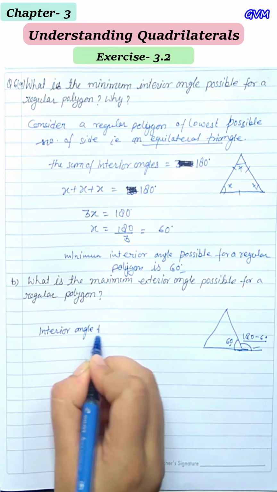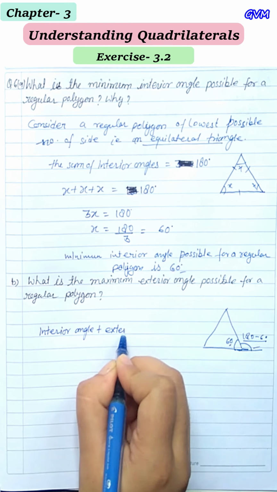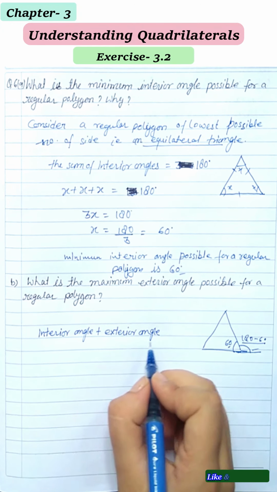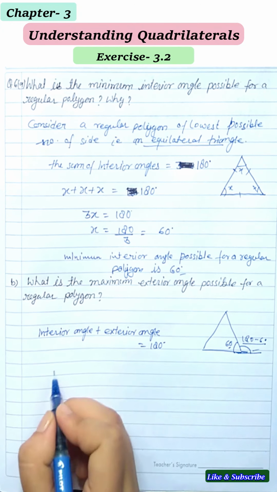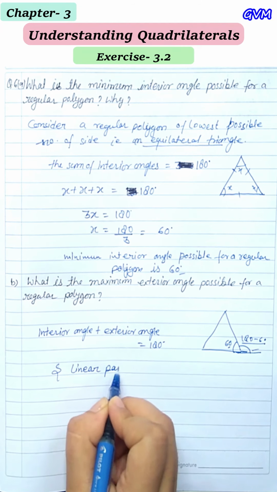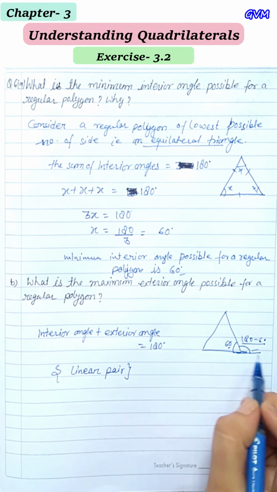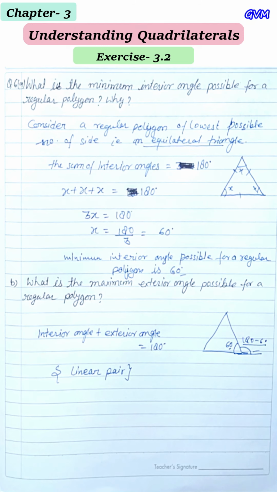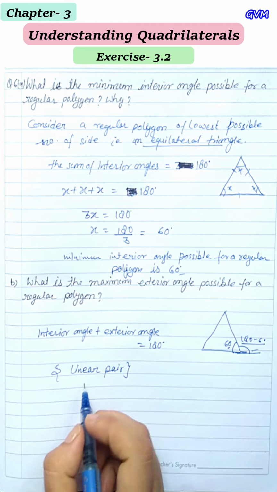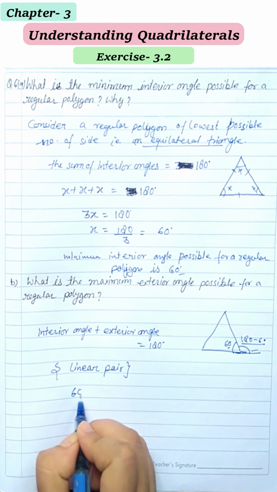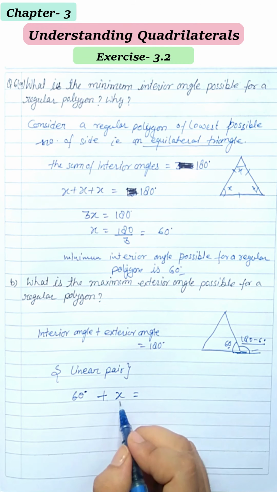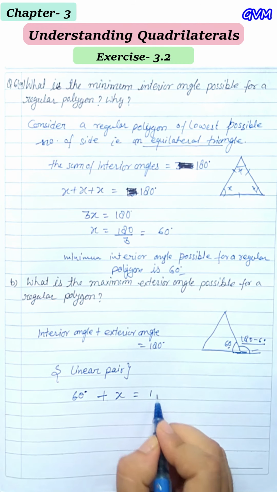Interior angle plus exterior angle is equal to 180 degrees. How? By linear pair. Because these two angles are a linear pair, the sum of these two angles will be 180, and the interior angle we have is 60, so the exterior angle, we can assume x, and 60 plus x is equal to 180.